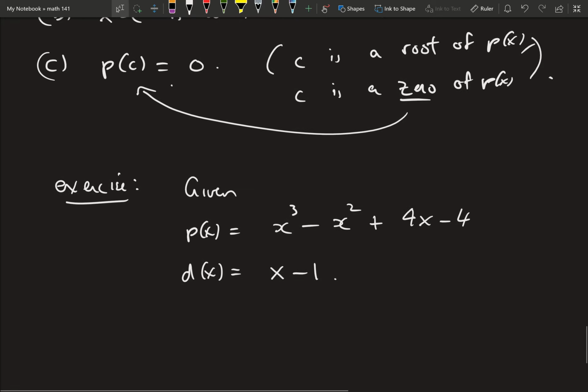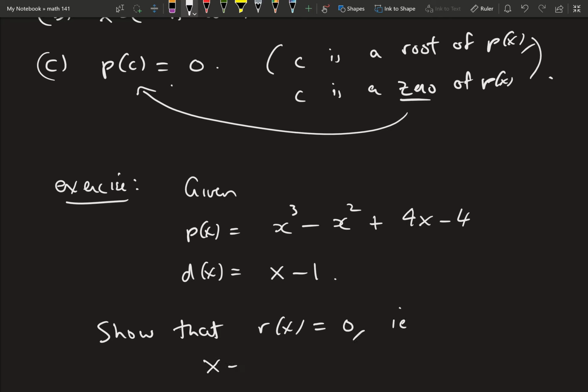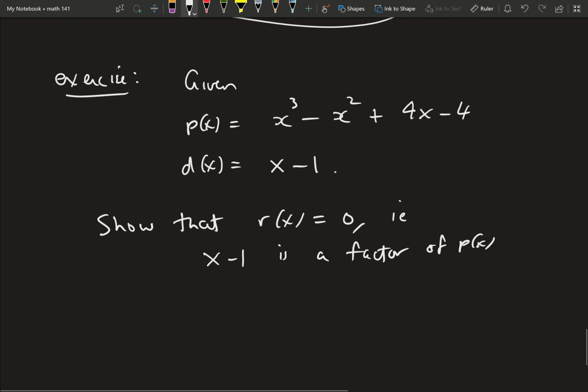So what I want you to do is show that r of x is equal to 0, i.e. x minus 1 is a factor of p of x, and that p of 1 is equal to 0.